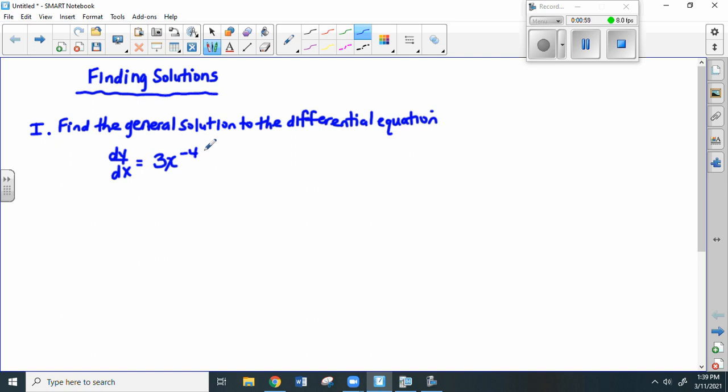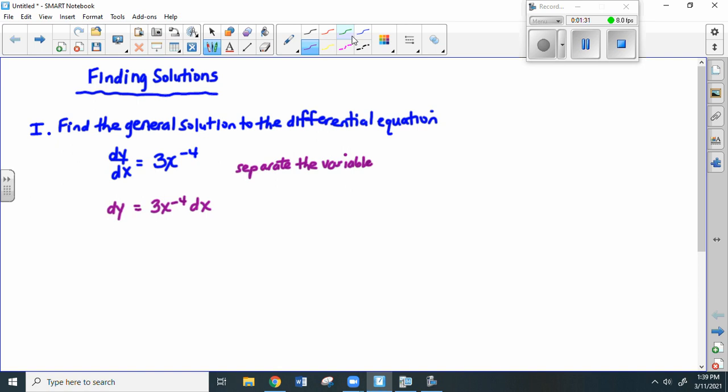Now, when you solve a differential equation, the first thing you have to do is separate the variables. What that means is that anything with a y needs to stay on one side, and anything with an x needs to go on the other side. So you need your variables on opposite sides. And that is now called a differential.